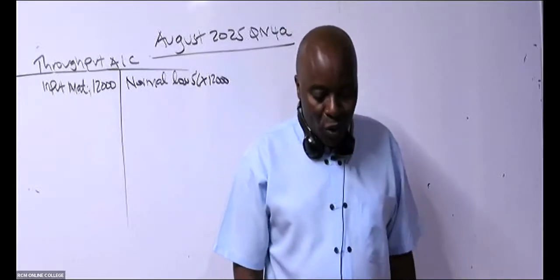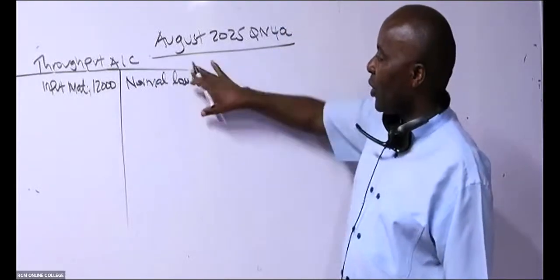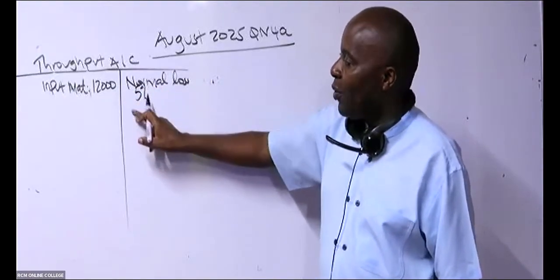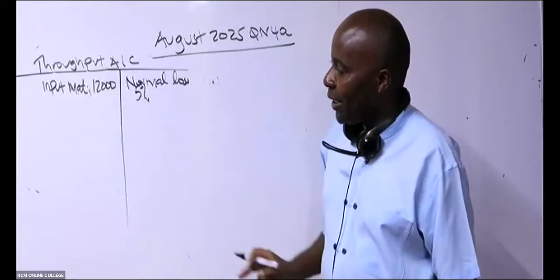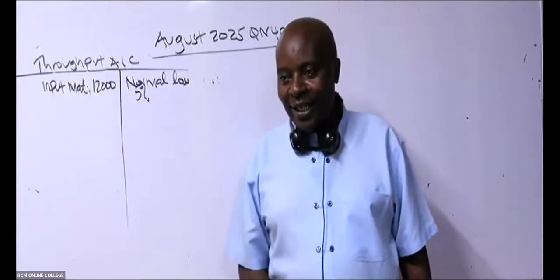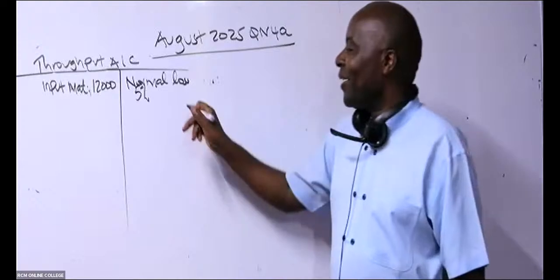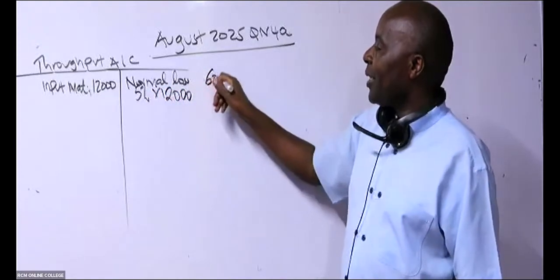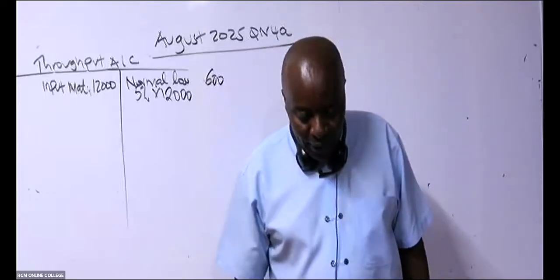Please always use your calculators. 5% means 5 over 100 times 12,000. 600. 5% of 12,000 is 600.